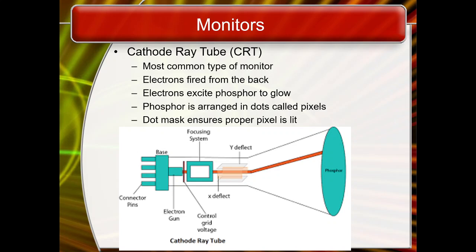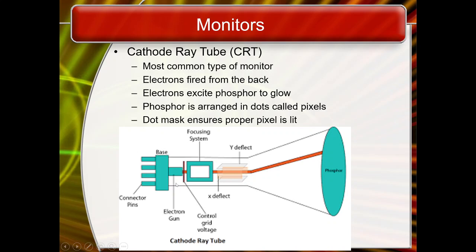The most commonly used type was CRT. CRT is the abbreviation of cathode ray tube. These were the most common type of monitors. In this picture we have a base with connector pins.